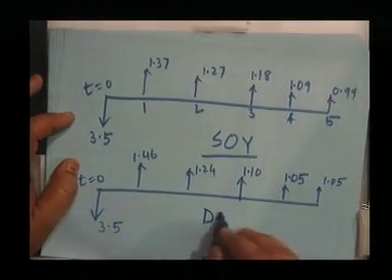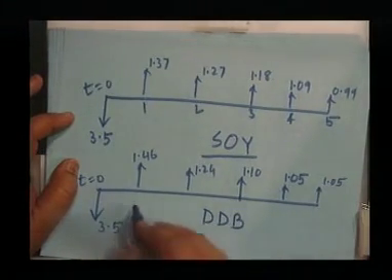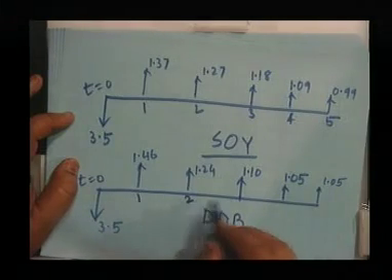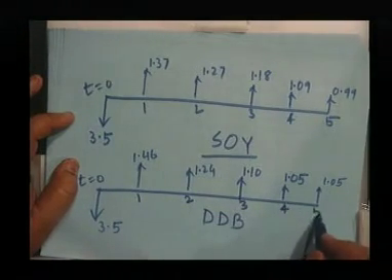This is using double declining balance method at end of year 1, 2, 3, 4 and 5.